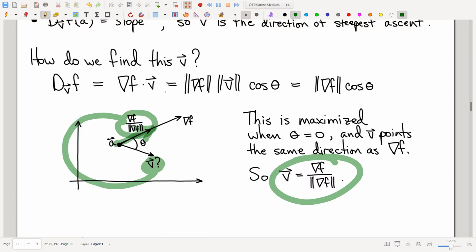Where did the gradient come from in the first place? Do y'all remember? It's a while ago at this point, but think back to when we first started talking about the gradient. It was a notational convenience, right? We were writing down linear approximation formulas, and there was a bunch of partial derivatives that in structure kind of looked like a dot product. We just made up this thing called the gradient as a notational shorthand, just as a convenience. And what we see now is that it's geometrically natural.